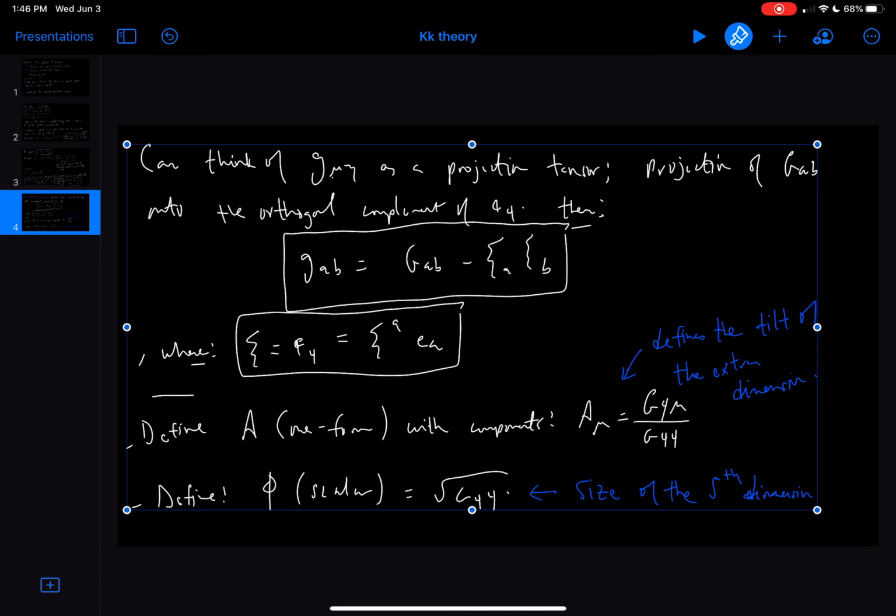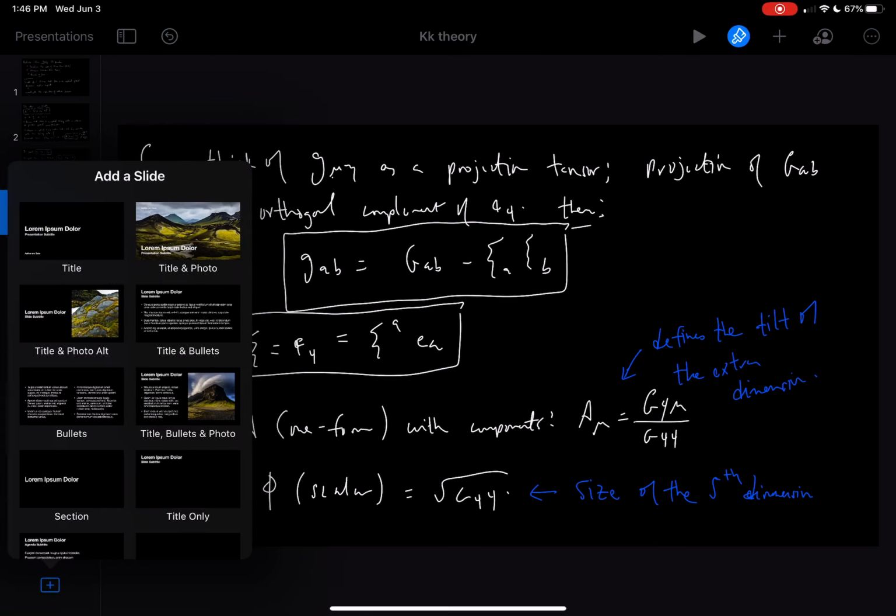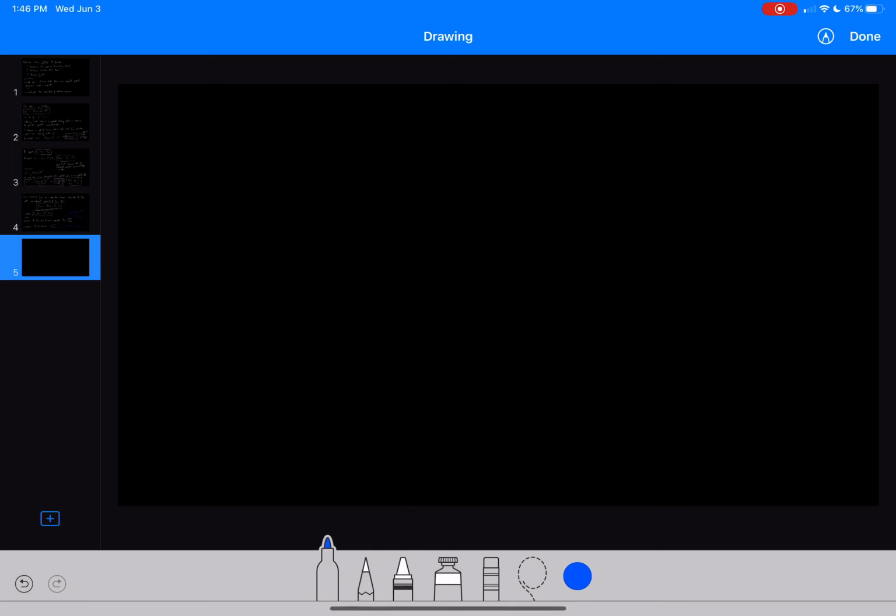Okay, so now let's go into Kaluza-Klein theory and use all of these geometric notions to talk about the Kaluza-Klein action. The first thing that we do if we're doing a physical theory is write down an action principle. So the main action here is the Kaluza-Klein action.